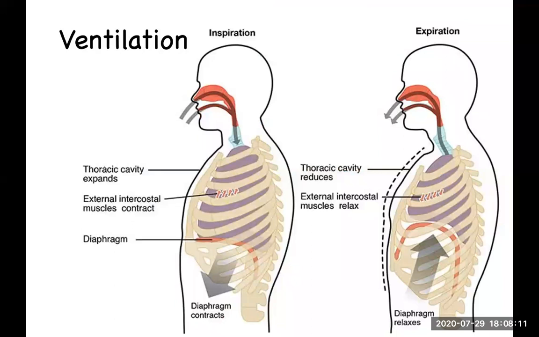When we talk about ventilation, most people refer to ventilation as the act of ventilating a patient. So sticking them on a ventilator, having an ET tube in place and doing invasive positive pressure ventilation.